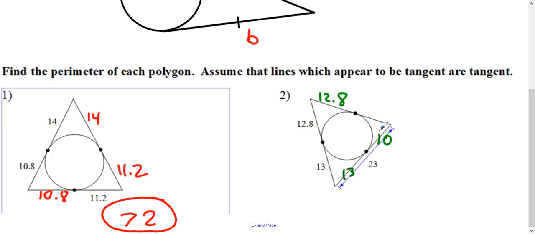So then the other tangent segment is also 10. So to find the perimeter, you add all that up. You get 71.6.